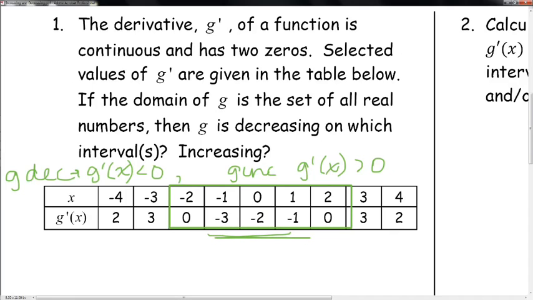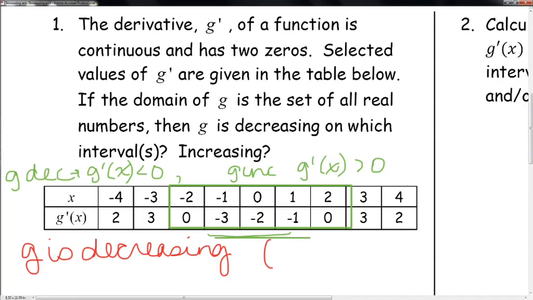So we have g is decreasing from one x-intercept to the next. So from negative 2 to 2. This is interval notation, not the 0, 2 or negative 2, 2.